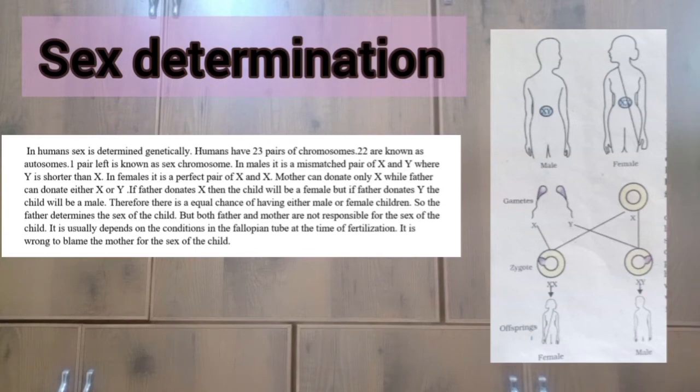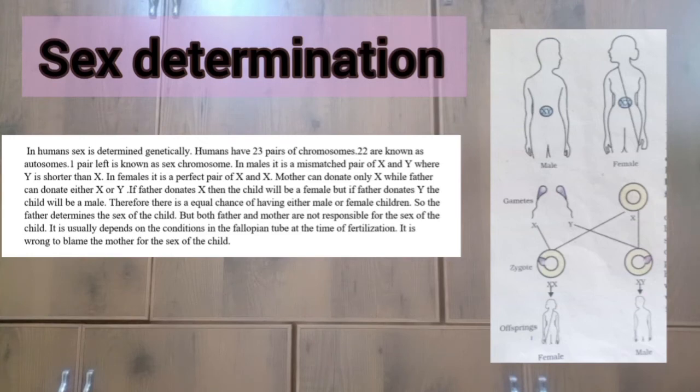Now let us see how it is inherited by the children. All children will inherit an X chromosome from the mother, regardless of whether they are boys or girls, because the mother has only X to donate. Thus, the sex of the children will be determined by what they inherit from the father.